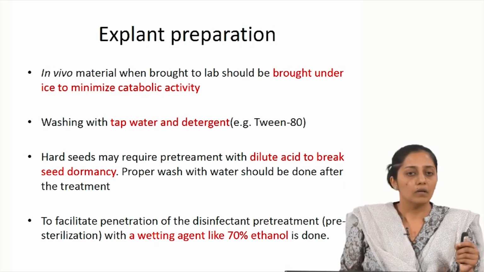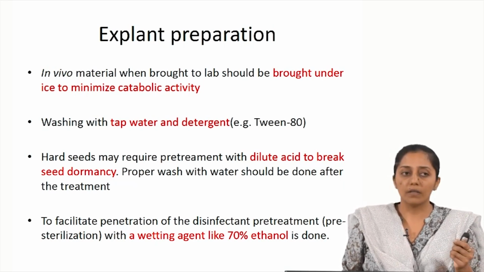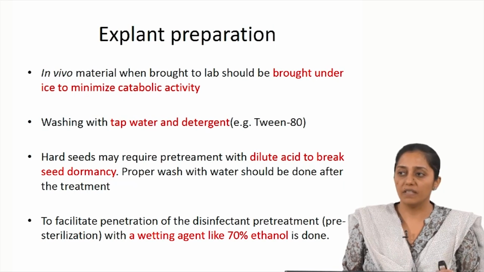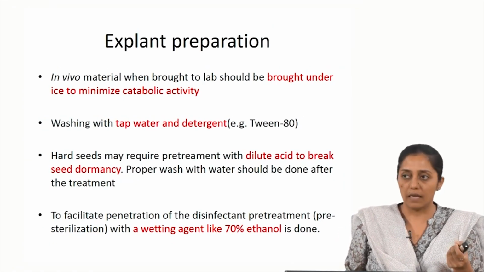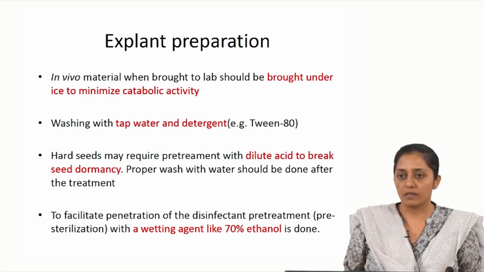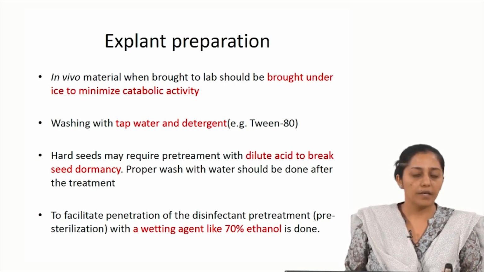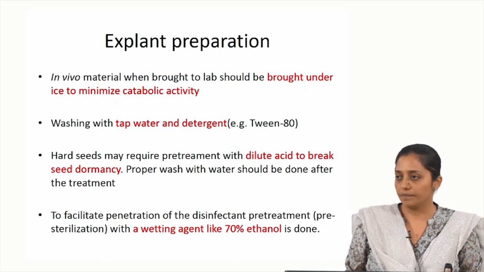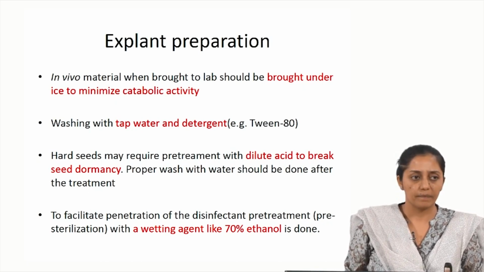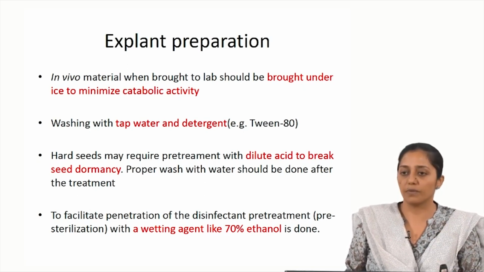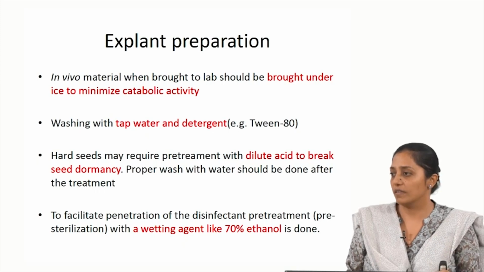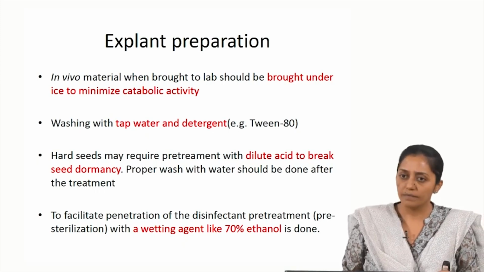Now why do you think, and what does the term seed dormancy mean to you? And why do you think heating or dilute acid exposure helps in overcoming seed dormancy? What must it be doing? And of course, after the treatment with dilute acid, it has to be water washed properly so that the acid is removed. Is there a role of dormancy?